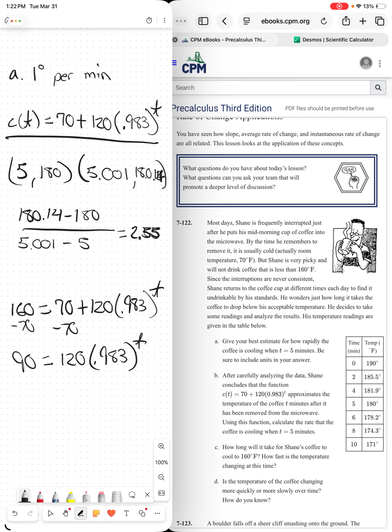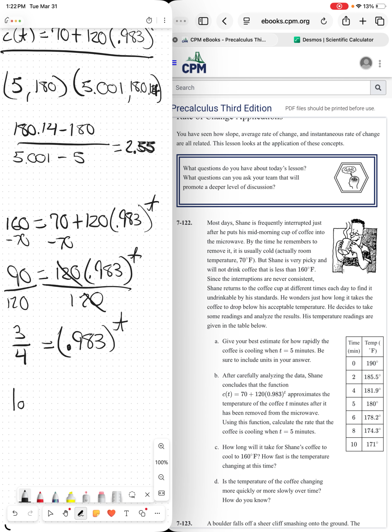And then we're going to divide by 120. Should get 3/4. And then we're going to do a logarithm. So you would do log base 0.983 of 3/4.